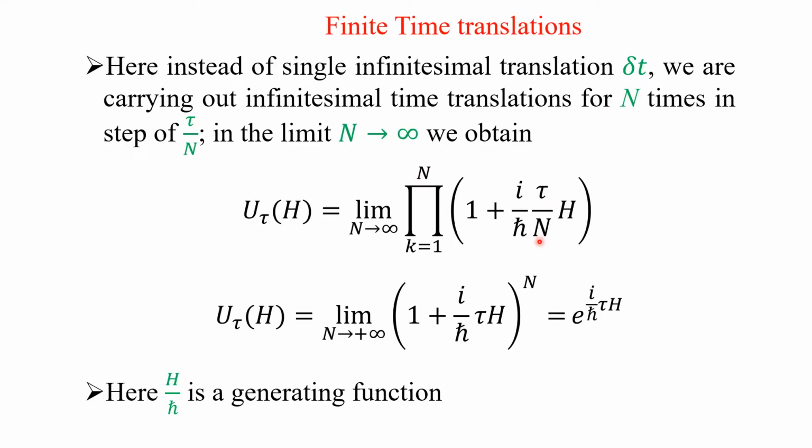This is the step size, and this is the Hamiltonian operator. In the limit n tends to infinity, we can rewrite this as 1 plus i over h cross tau H, whole power n, which is equal to e to the power i over h cross tau H. Here, as usual, H by h cross is the generating function, and tau is the small parameter.